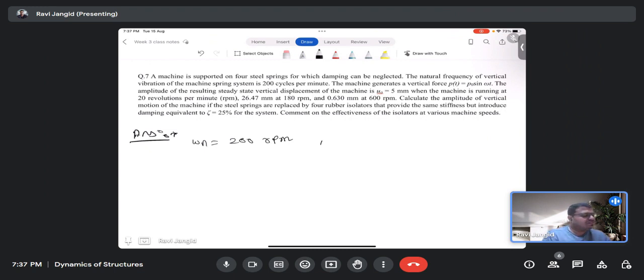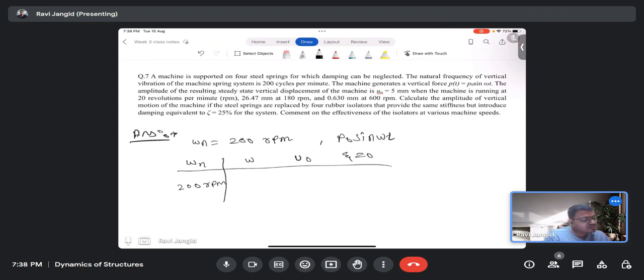That force is applied as P naught sine omega t. Due to that, they are getting different omega, and they have U naught with the damping zero. Omega n is given as 200 rpm.